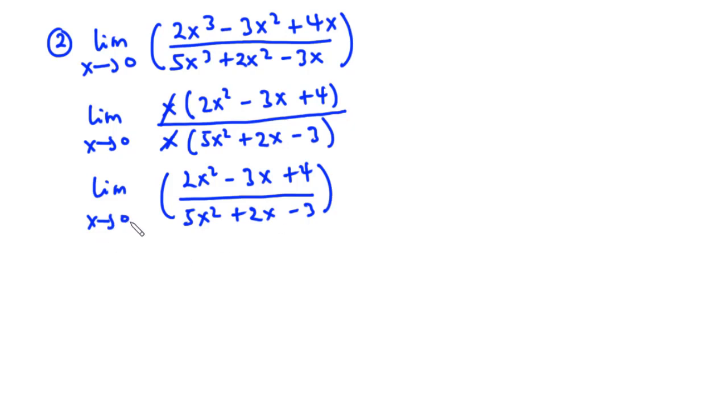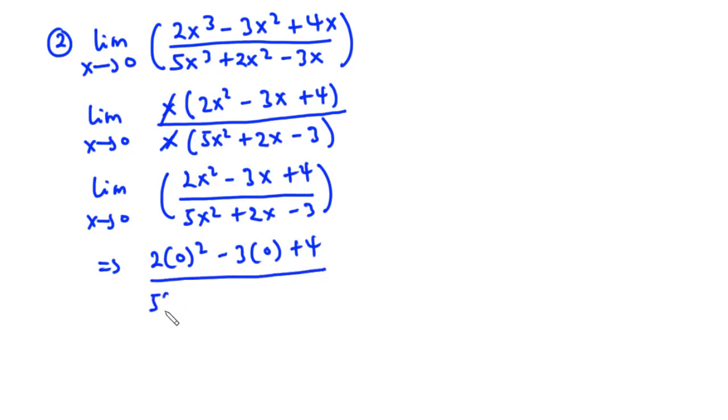Now let's put in the value 0. So we are going to have 2 times 0 squared minus 3 times 0 plus 4 divided by 5 times 0 squared plus 2 times 0 minus 3.